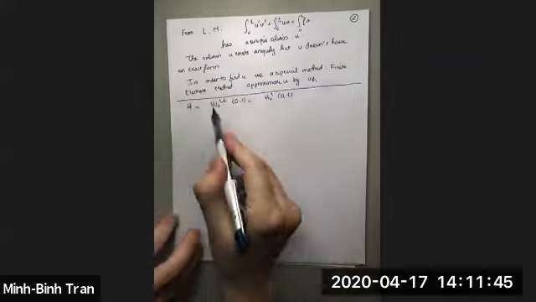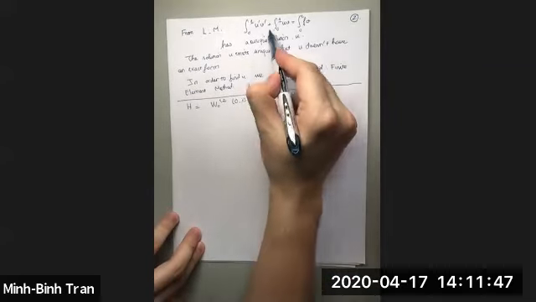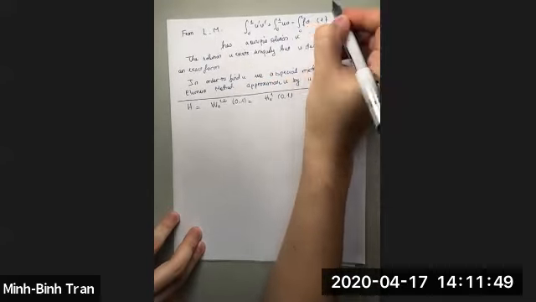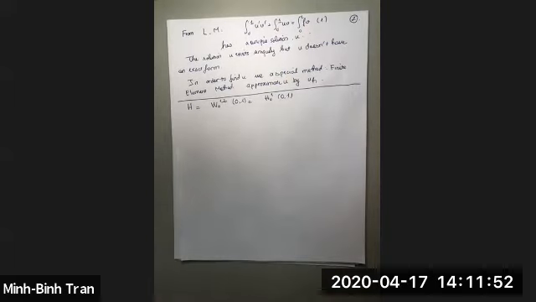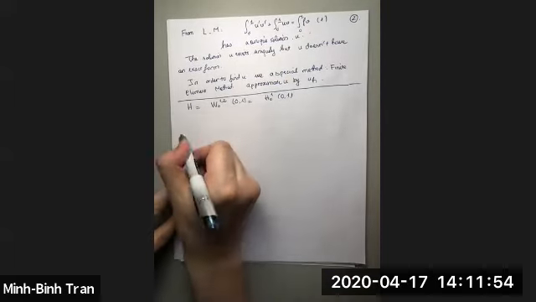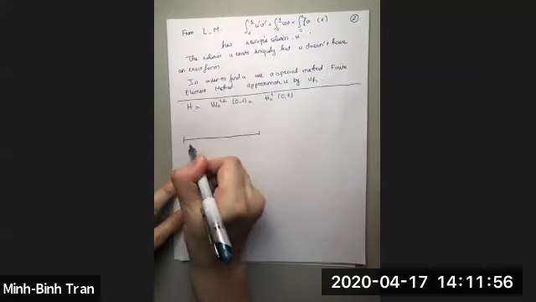So the point here is that you solve this equation 1 on this space, and the space that you have is from 0 to 1.